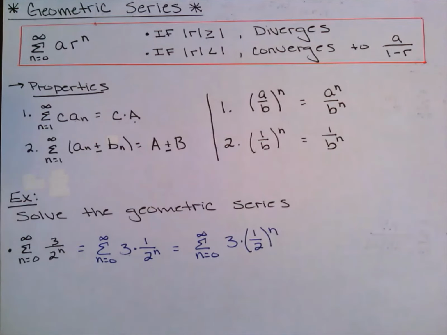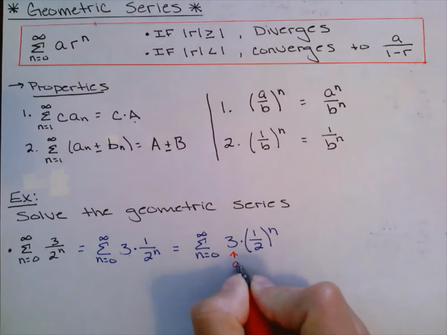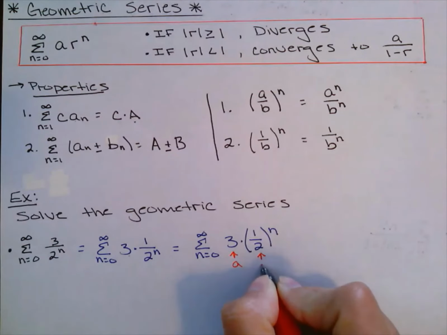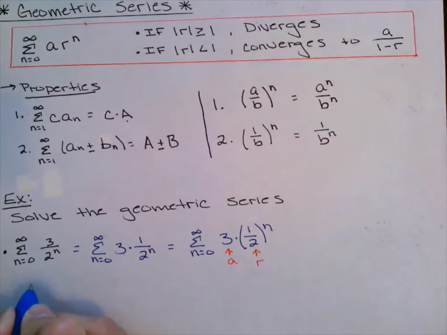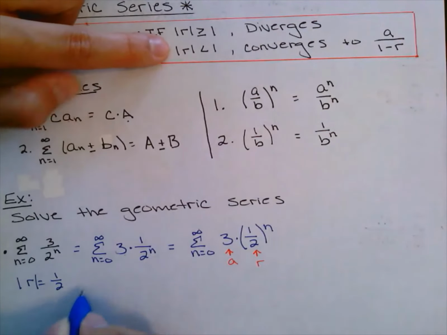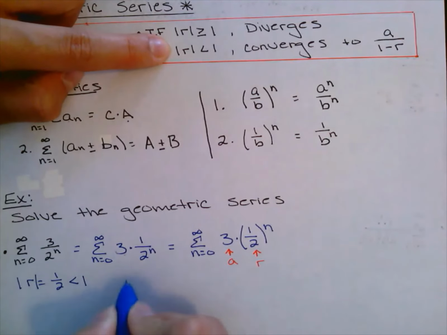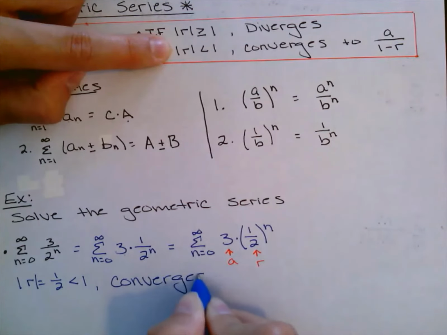And now I can clearly see that this right here is my A, and this right here is my R, okay? So now, because R, or we'll even say the absolute value of R, which is 1/2, since this is a number less than 1, I know that this converges, right?